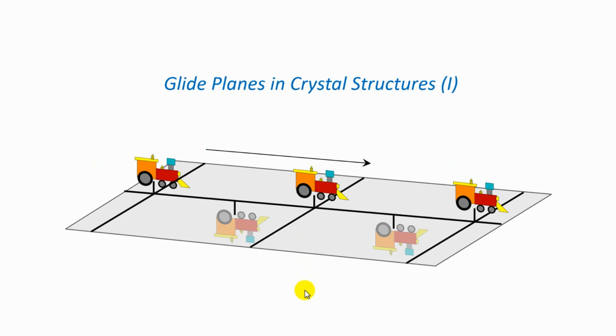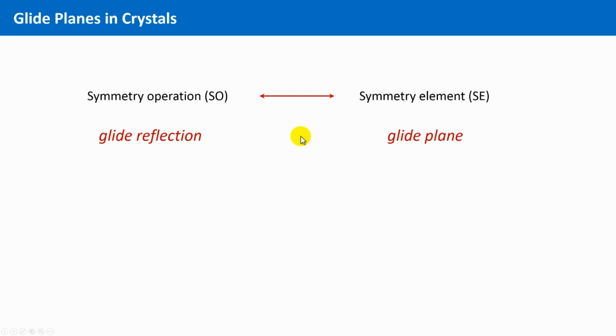As a short reminder, first of all we have to differentiate between the symmetry operation and the respective symmetry element. The symmetry operation is called a glide reflection, while the element on which we carry out this operation is the glide plane. A glide reflection is a combined symmetry operation, in which two operations have to be carried out consecutively.